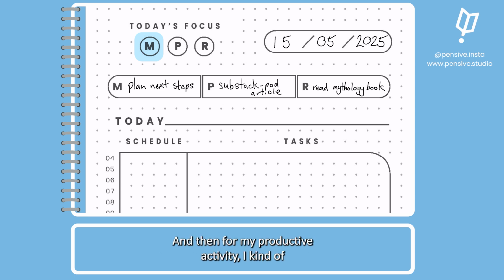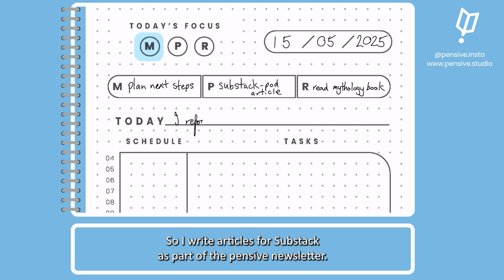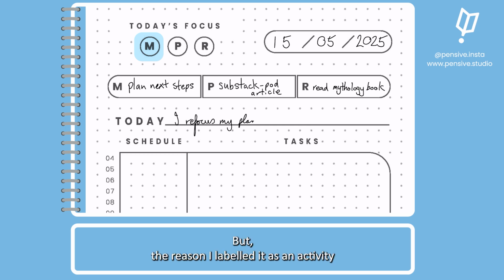And then for my productive activity, it does look like a task, but I understand it as an activity. I write articles for Substack as part of the Pensive newsletter, and it's just something that needs to get done. The reason I labeled it as an activity is because the podcast is never ending.